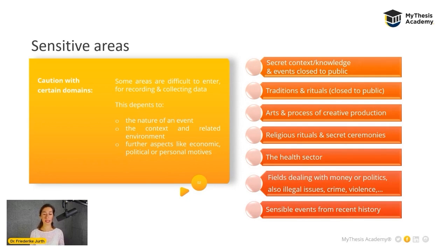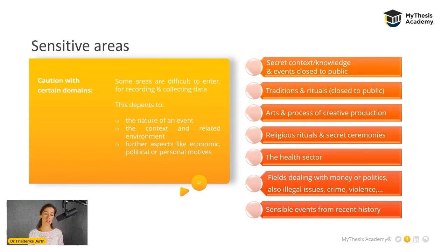And the same goes with the illegal aspects of crime, of politics, of corruption, for example, also of violence, and after all, also when it comes to investigations in the health sector.